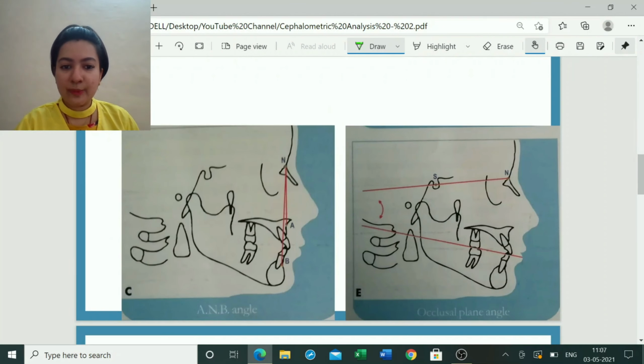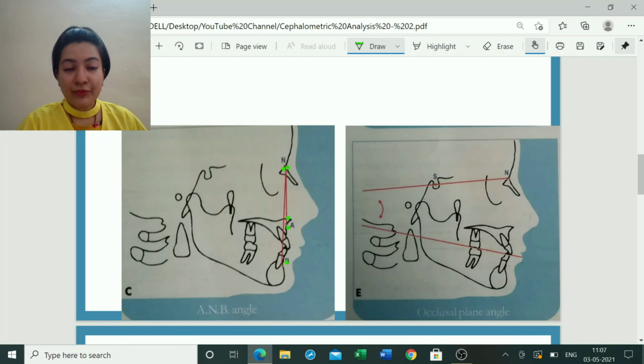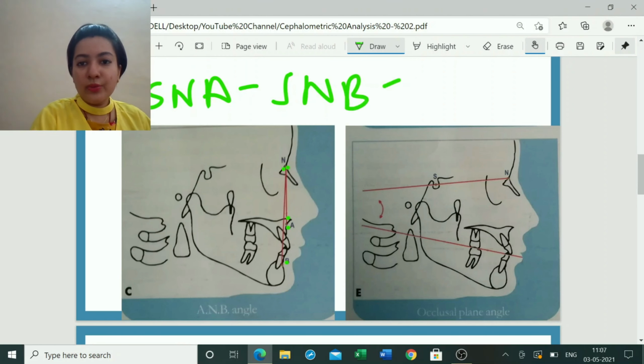Moving on to the next parameter, which is the ANB angle. We saw SNA, SNB. ANB is the angle which is formed when two lines, NA and NB, are made, and this inside angle which we form is your ANB angle. The other way of calculating it is SNA minus SNB, which is equal to ANB.